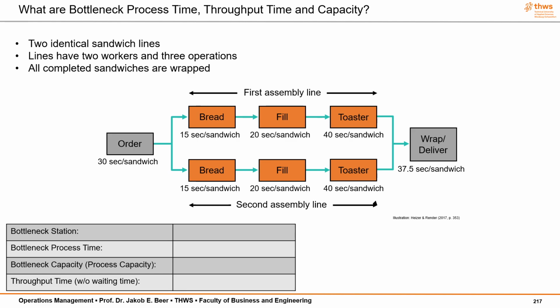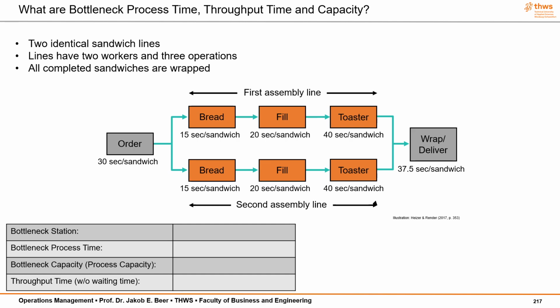And in the end, there's one guy who wraps all sandwiches for both assembly lines and hands them over to the customer. Now, if we want to understand the performance of this process, first we need to understand the bottleneck station. We need to identify the bottleneck station of this process. So we want to look for the station with the lowest capacity or the longest process time, which is the same thing. And intuitively you might say, well, the toaster, because the toaster has a process time of 40 seconds per sandwich. And that's true, but there are two toasters.